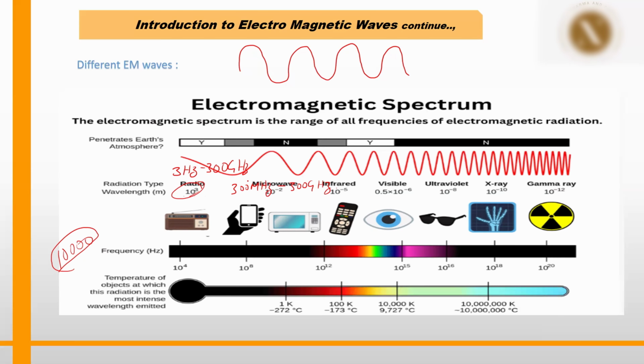So microwaves are a subset of the radio waves. This is the frequency range of the radio waves and the microwave. Radio wave starts from 3 hertz and ends at 300 gigahertz. Microwave starts from 300 megahertz to 300 gigahertz. Microwaves fall inside the radio waves.